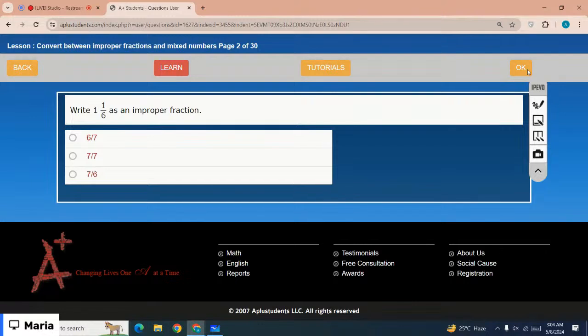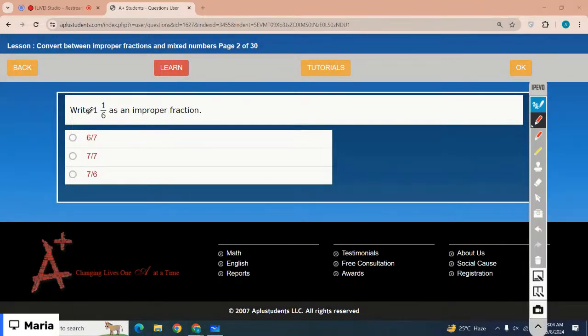Okay, the next one is 1 whole 1 over 6. So which is the correct option? The whole number is 1, right? You can write it as 1 over 1. Multiply it by the denominator. That is 6 over 6. Add 6 by 6 and the fractional part.